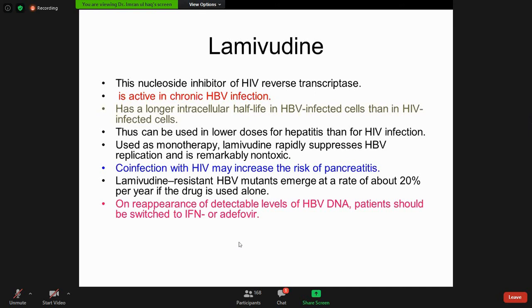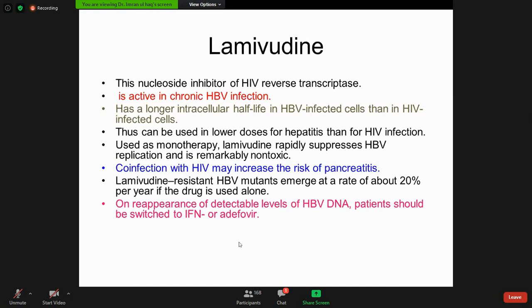Used as monotherapy, lamivudine rapidly suppresses hepatitis B viral replication and is remarkably non-toxic. So that was the reason for using this drug lamivudine commonly. But nowadays, because of its extensive use, it may show resistance. Co-infection with HIV may increase the risk of pancreatitis, right?